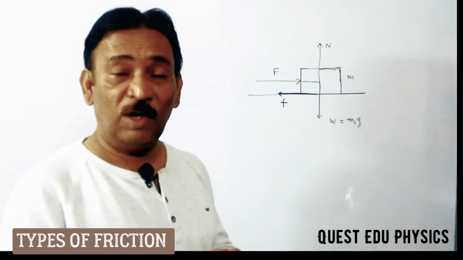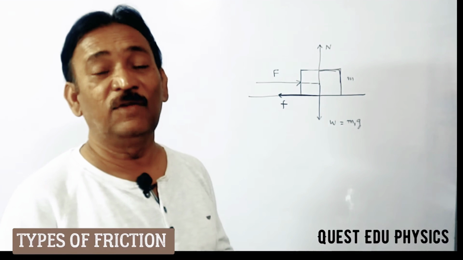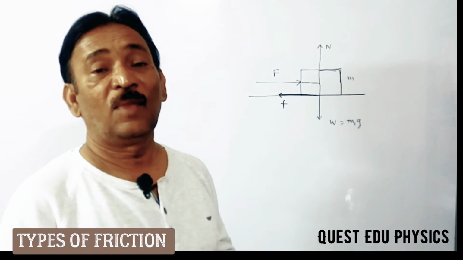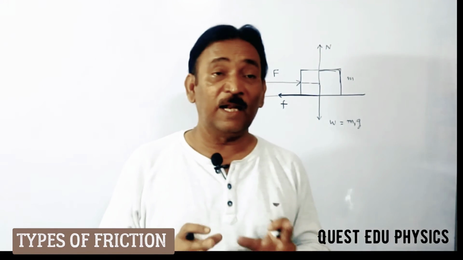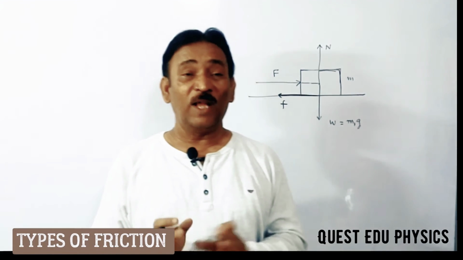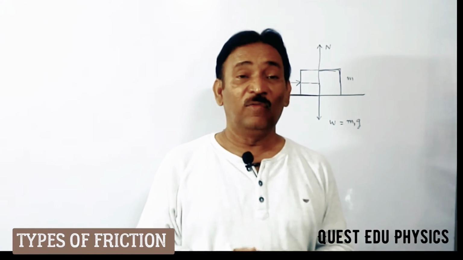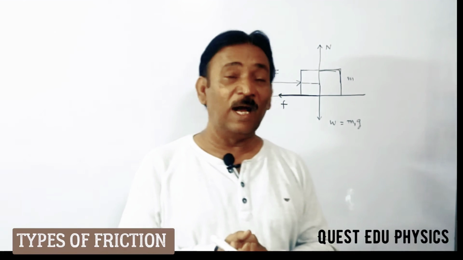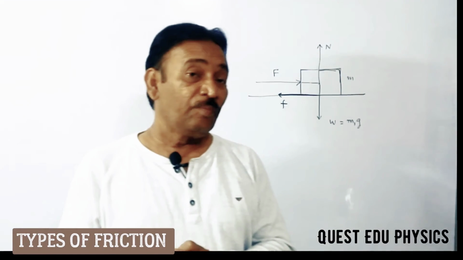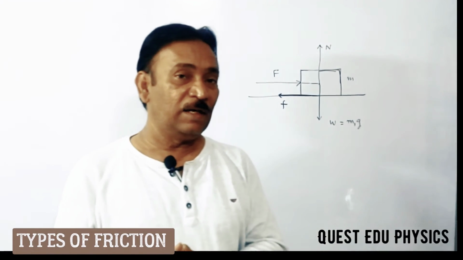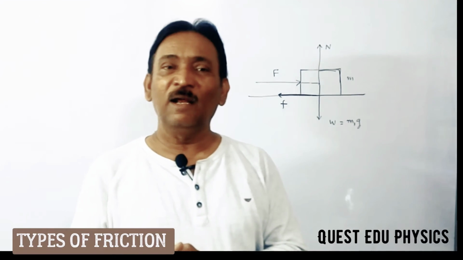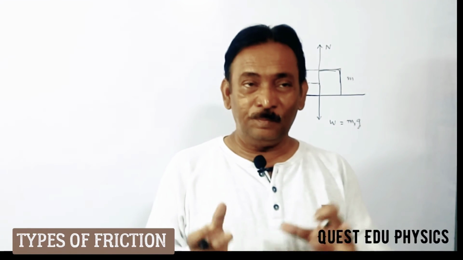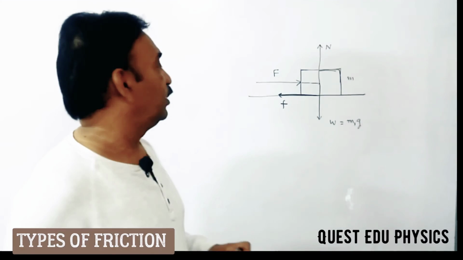Actually, frictional force develops due to the irregularity of the surfaces. When one surface is kept over another surface, the surfaces have irregularities. The irregularities get locked with each other.